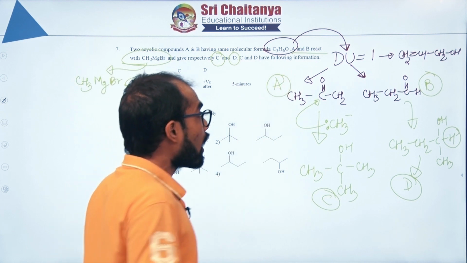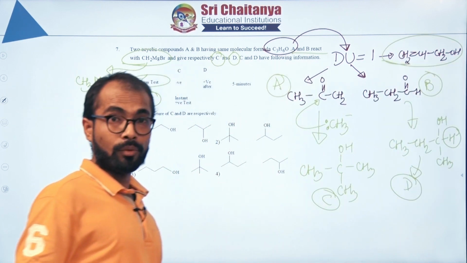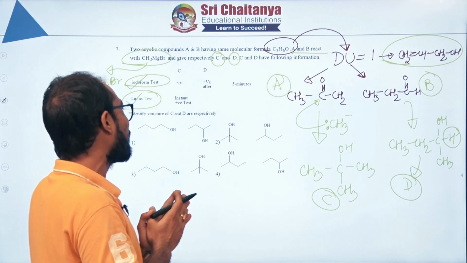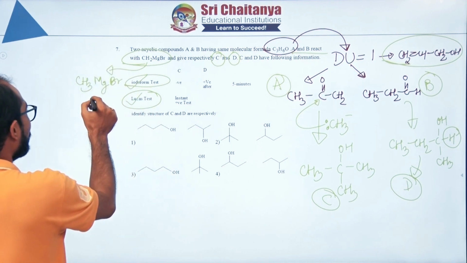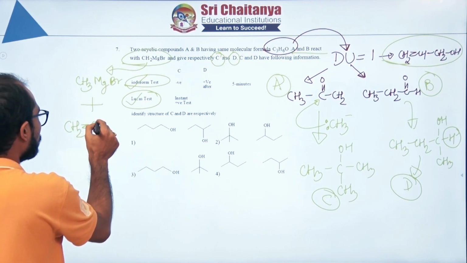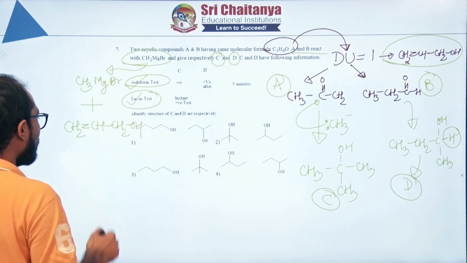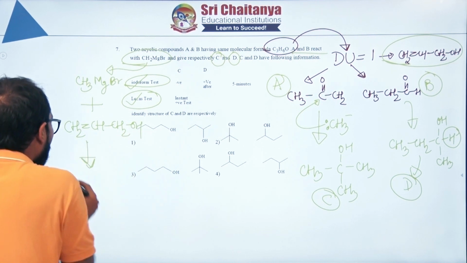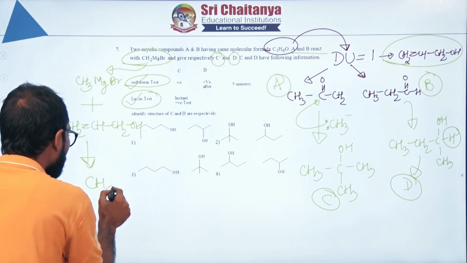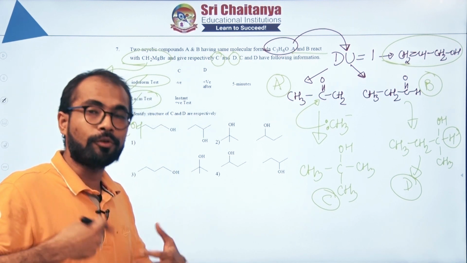But what about that last compound possibility? Now, when this compound reacts with Grignard, with this particular fellow, we will simply get methane, because Grignard is a base also. It's a nucleophile, correct, but before that it's a base.